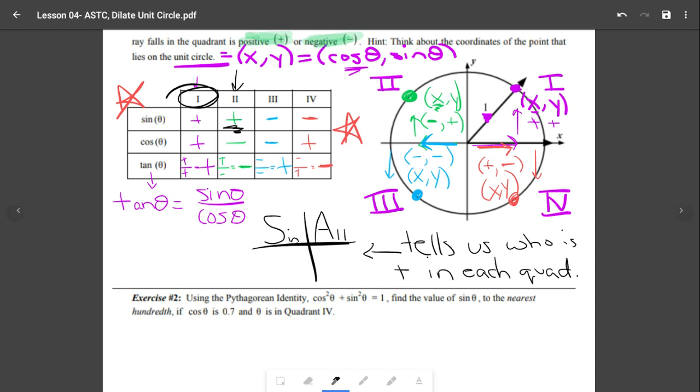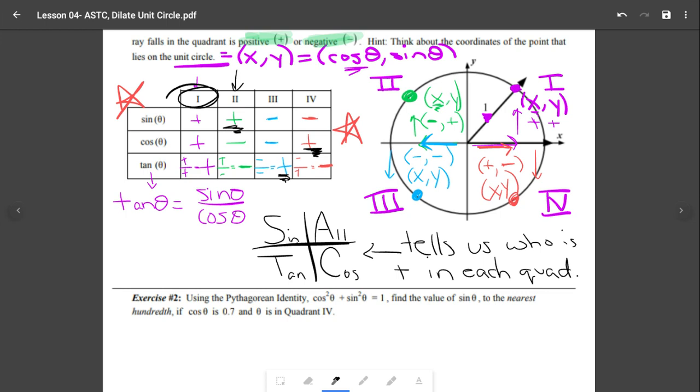If I'm any other function and I fall into that second quadrant, by default, I would have to be negative then. Third quadrant, my positive was tangent, so I put a T there for tangent. And fourth quadrant, the only positive we see here is cosine, so I put a C there for cosine.